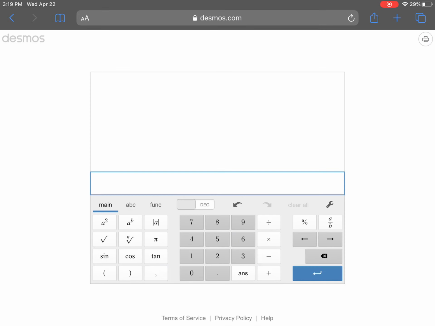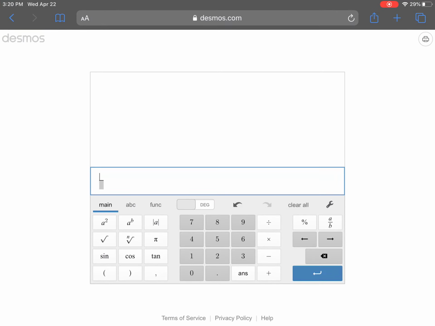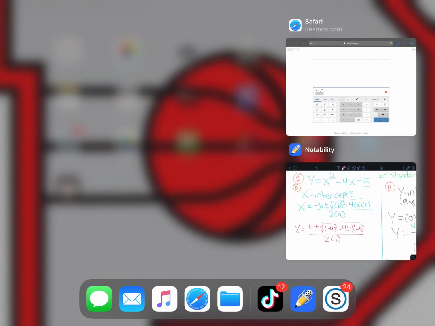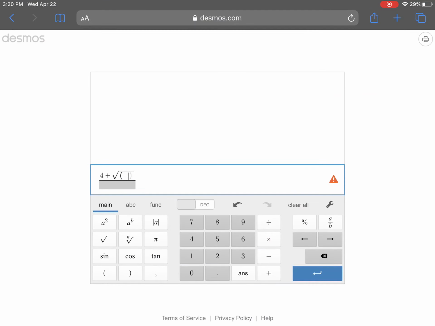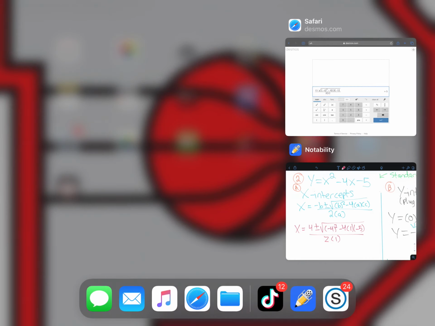I'm going to clear this out. So it was 4, hit my fraction bar first, 4 plus the square root of negative 4 squared minus 4 times 1 times negative 5, all over 2 times 1. And I get an answer of 5.